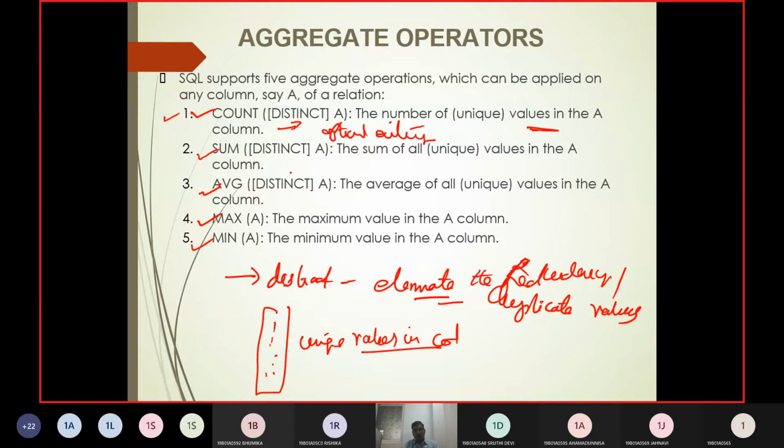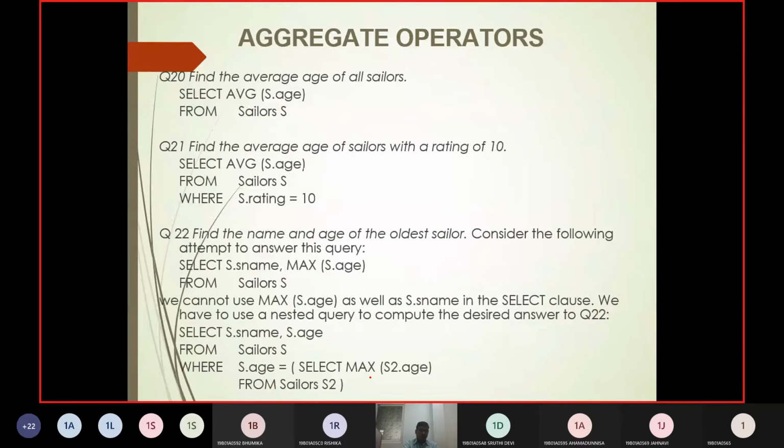Similarly, to have the sum of the elements in a column, we use sum, and to find the aggregate values we have average, then the minimum value and the maximum value. We use these functions. All of them are invoked on the column itself.